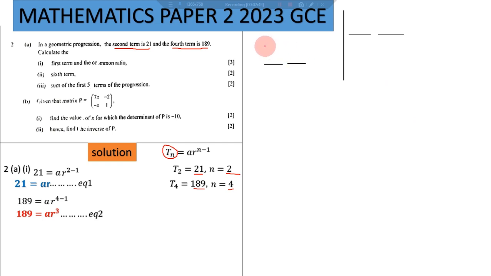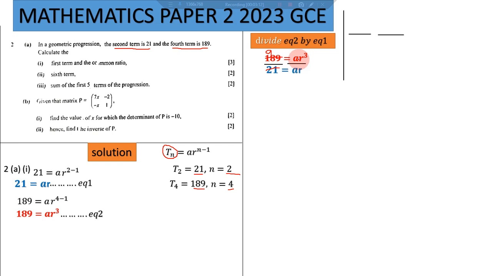Next we're going to divide equation 2 by equation 1. So 189 equals A r to the power 3 divided by 21 equals A r. Numbers on their own, letters on their own. Here 21 can go into 189. Do you know how many times? Good, it goes there 9 times.